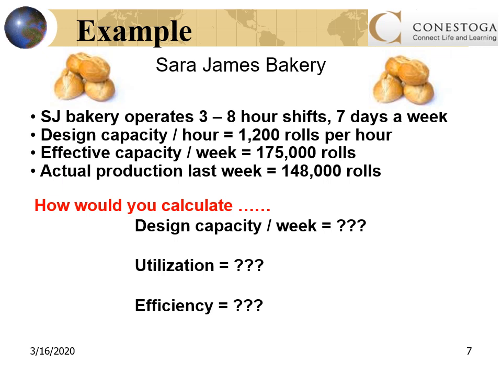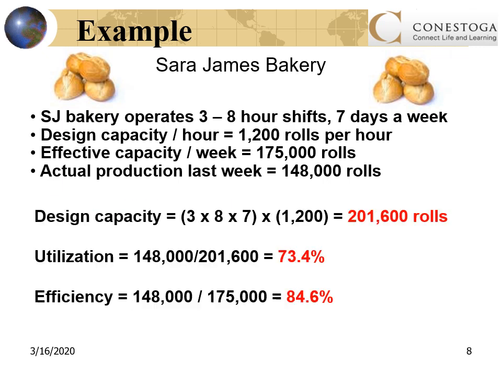Now, to measure the utilization, we need to take the ratio of actual output to the design capacity per week. To measure the efficiency, we need to take the ratio of actual output to the effective capacity per week. Please try to solve it yourself. I'm going ahead with the answers for this.